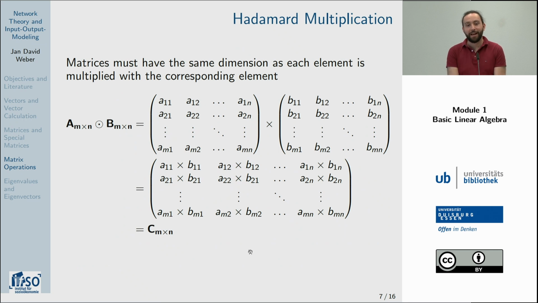there is a thing called Hadamard multiplication. You barely see that, but just for completion, I want to show this here to you. You see the multiplication sign has a circle around it. That's the sign that it's a Hadamard multiplication. Here, the matrices must have identical dimensions. So the matrix A and B must have the same dimension, because what we're actually doing is that the corresponding elements are multiplied with each other.